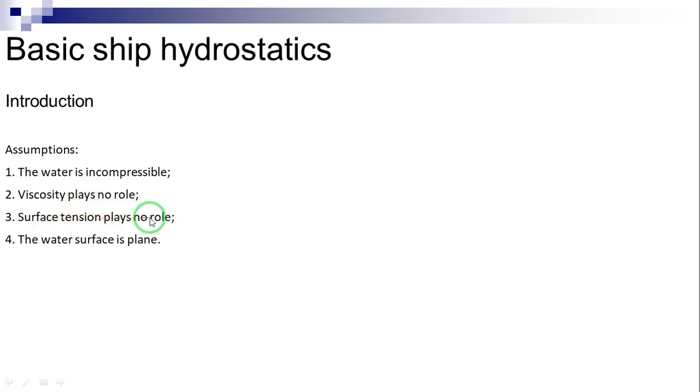The third assumption is true for the sizes of floating bodies and the wave heights we are dealing with. The fourth assumption is never true, not even in the sheltered waters of a harbor. However, this hypothesis allows us to derive very useful general results and calculate essential properties of ships and other floating bodies.